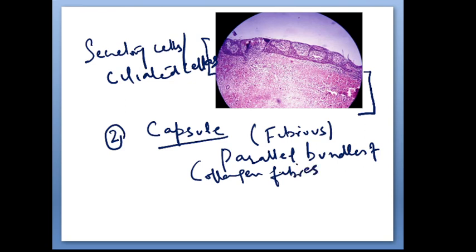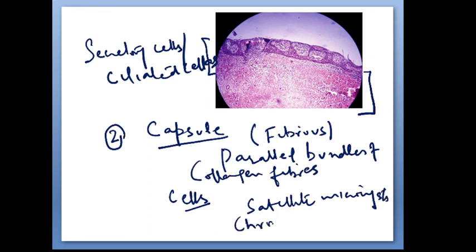Various cells are seen, usually mast cells, satellite microcysts, chronic inflammatory cells, macrophages, and lymphocytes.